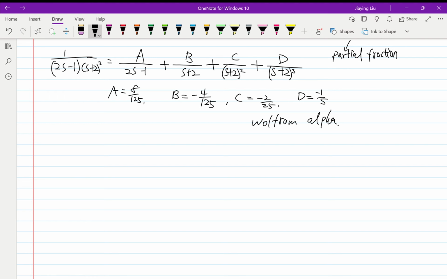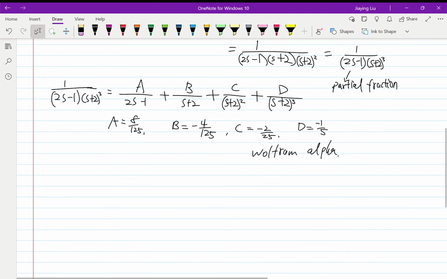Okay, so anyway, that's what I did over there, and now we can actually write down the partial fractions. When I write them down, I'm going to take the A, B, C, D to the side of the fractions, not in the numerator. So I get 8 over 125 times 1 over (2s minus 1), plus minus 4 over 125 times 1 over (s plus 2).